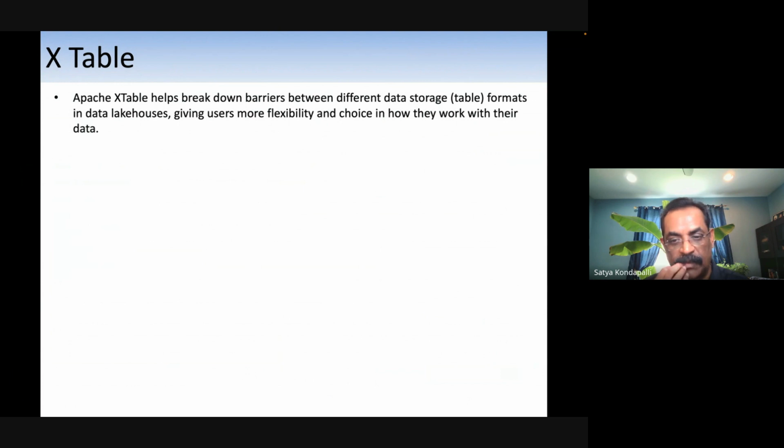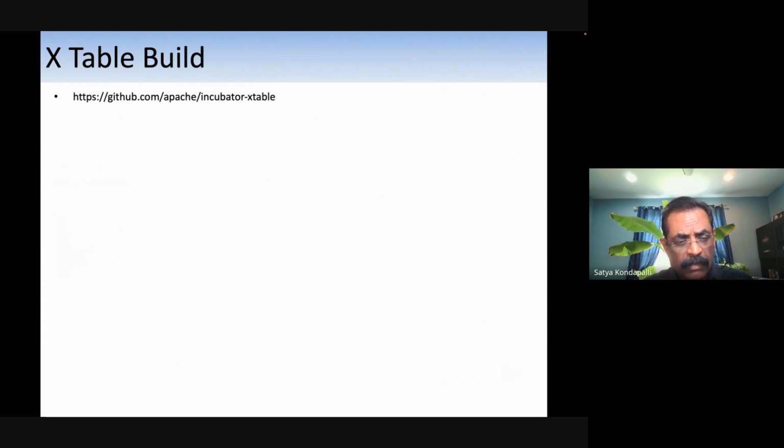Snowflake is easy to use, Databricks has a lot of Spark power, Hudi has streaming power, and you get interoperability between them, so it's easy. So what is XTable? You can go to this incubator XTable project and build your things.